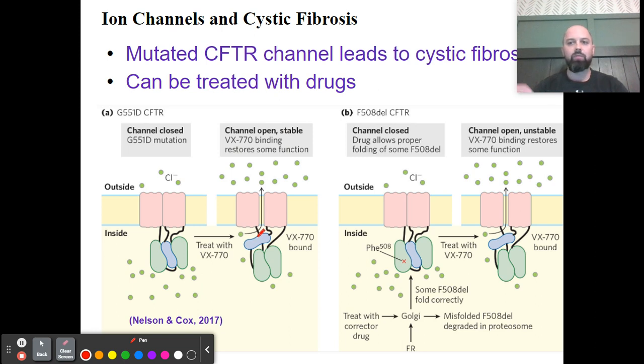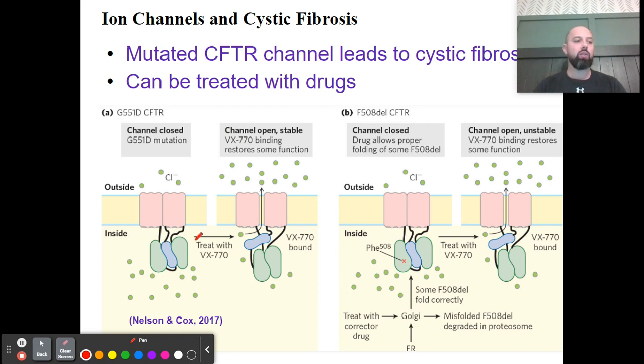The good thing is we have improved our treatment for cystic fibrosis. Several years ago, life expectancy was down around 10. That's now up around 40, actually, according to our textbook. And that is due to how we can treat this.